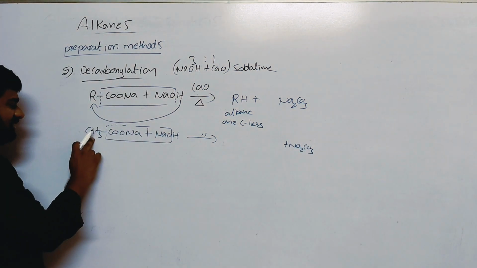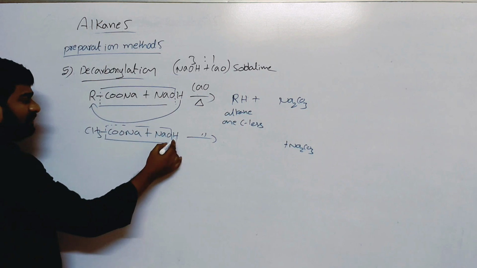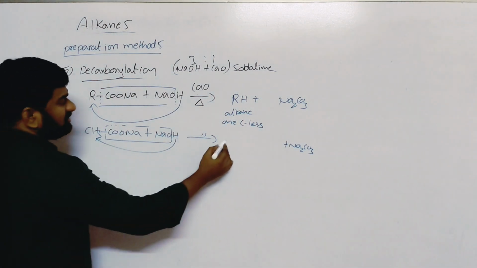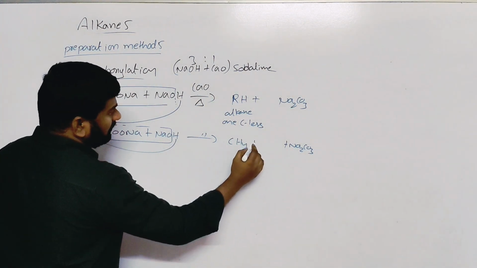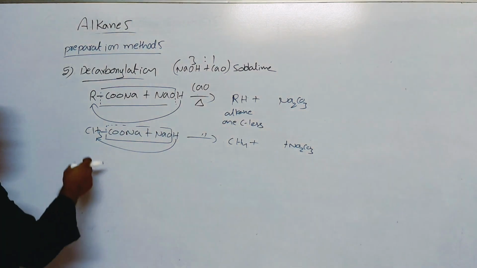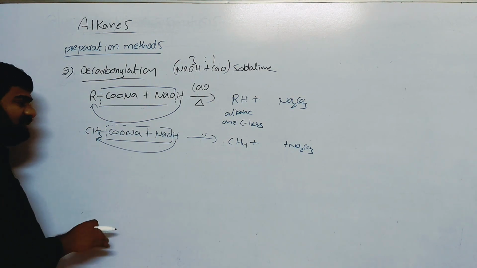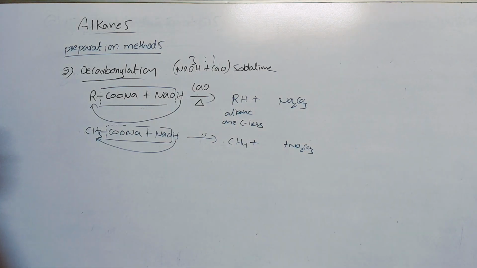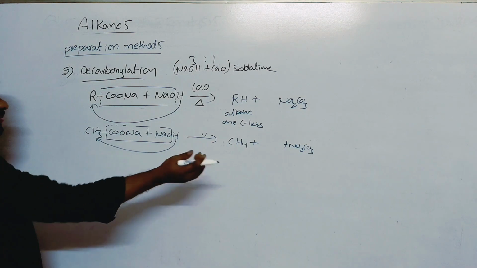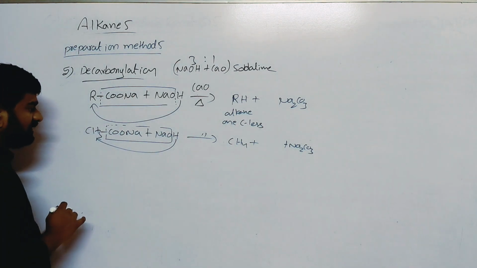Except for CH3, the H is added to the CH3, so it will become CH4. So by using this reaction, we can prepare methane. By using the Wurtz reaction, we cannot prepare methane.